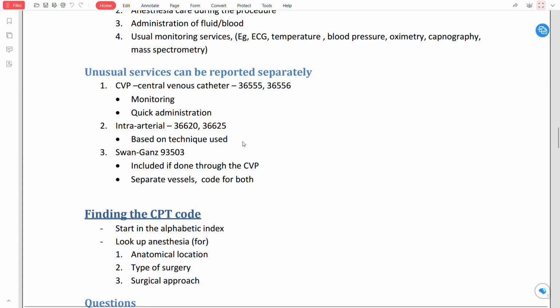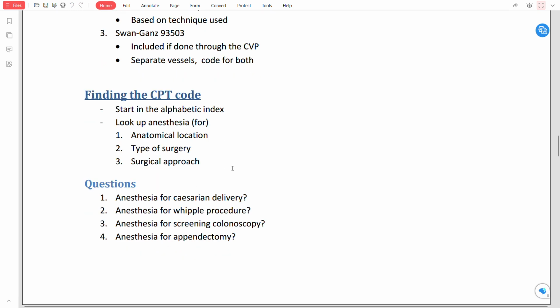The codes for unusual services: 36555, 36556 is for central venous catheter; intra-arterial is 36620, 36625; and Swan-Ganz 93503 is included if done through the CVP; separate vessels, code for both. Okay, just read, guys.